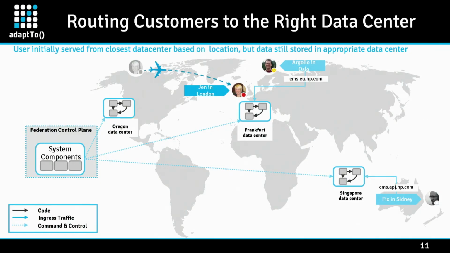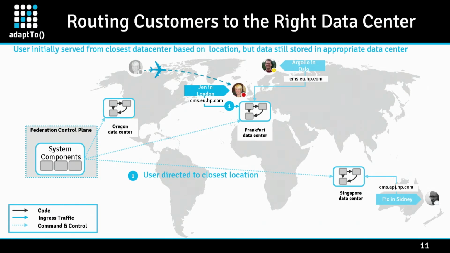But what happens, right, when a user travels to another region? The GeoDNS itself will still keep redirecting to the closest data center. So for instance, in this example, Jen traveled to London, but she had her data stored in the US data center, right?